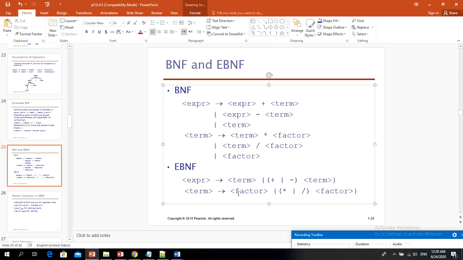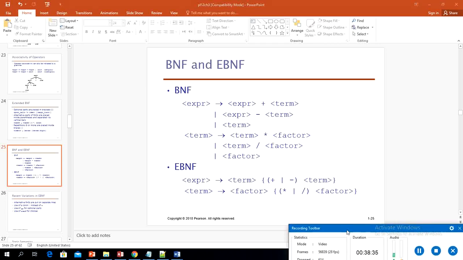The second example is term implies factor multiplied by factor, or factor divided by factor, and also this one between braces. That means it is in repetition format, so it could be in a loop format or anything like that.